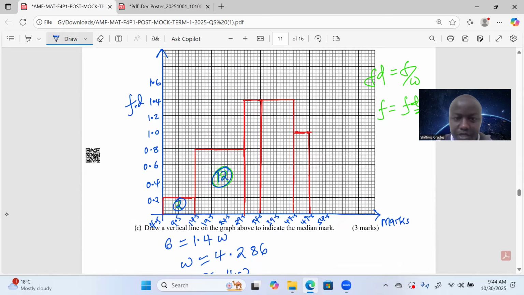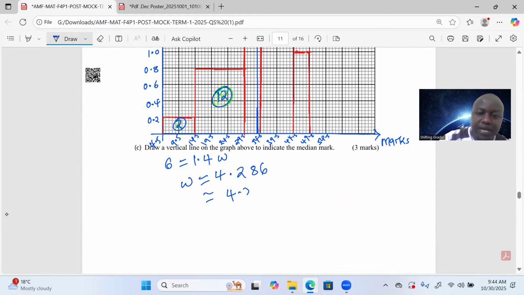So when you add 4.3, the particular mark shall be somewhere just after 4 and before 5. This now becomes the median. That is the median height, the height to show us the median.